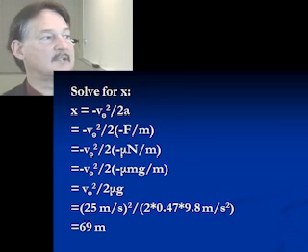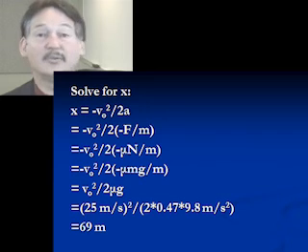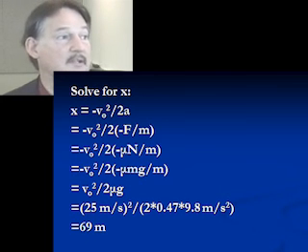So there's our velocity squared, 2 times, and again, this was the kinetic coefficient of friction that was stated in the problem, times g.